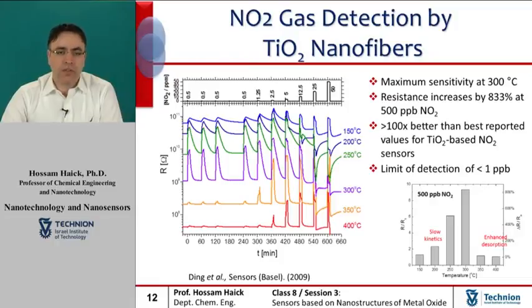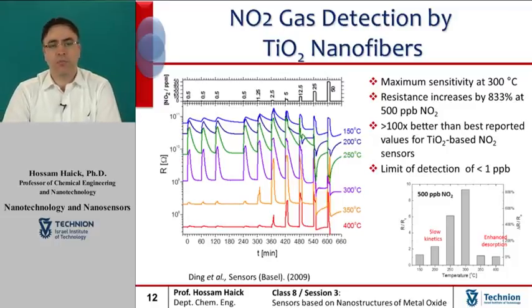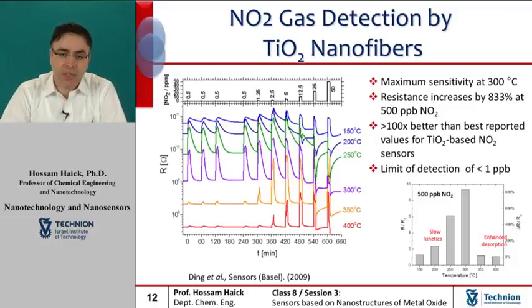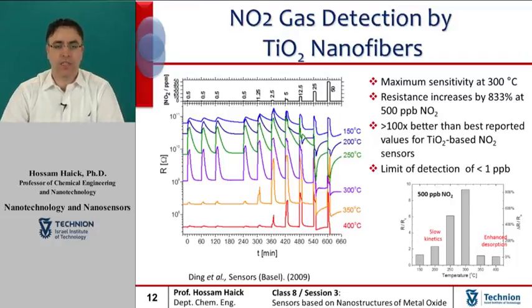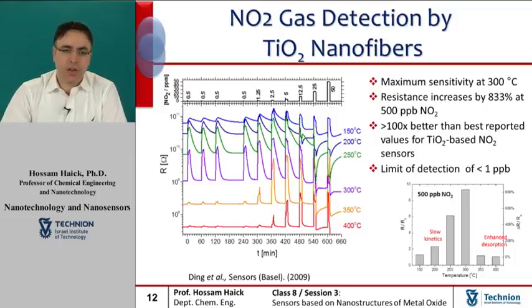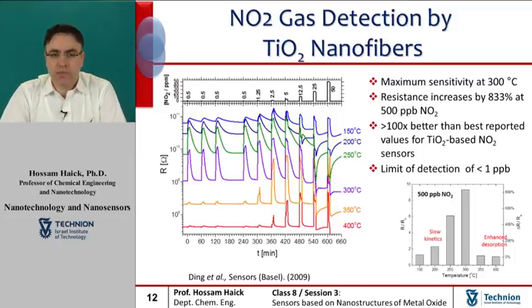Representative results of the resistance response of one of the sensors upon cyclic exposure to nitrogen dioxide at different concentrations and temperatures are shown in the figure presented on the slide. In general, the resistance increases for the most part in a monotonic way with nitrogen dioxide concentrations of 500 ppb to 12.5 ppm.